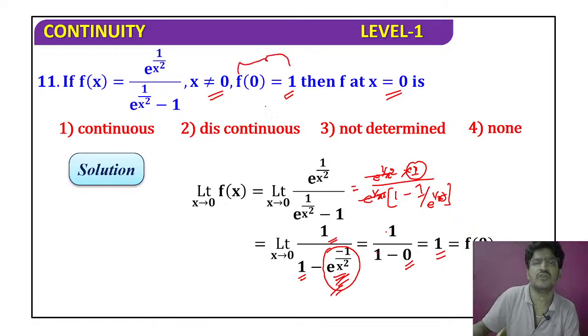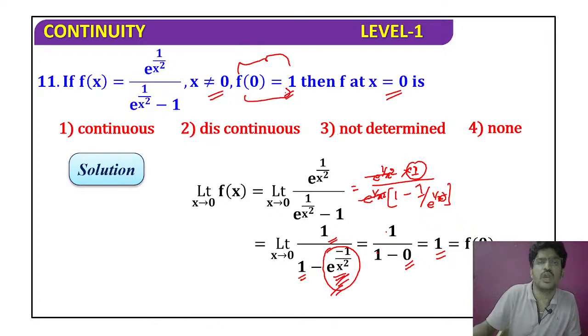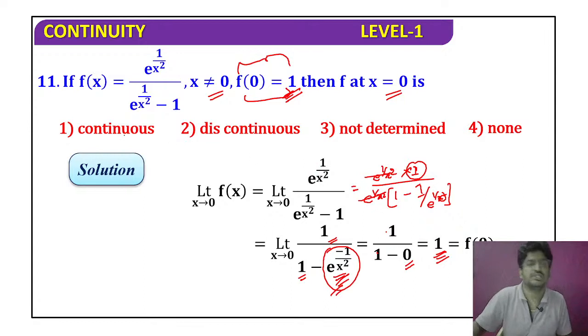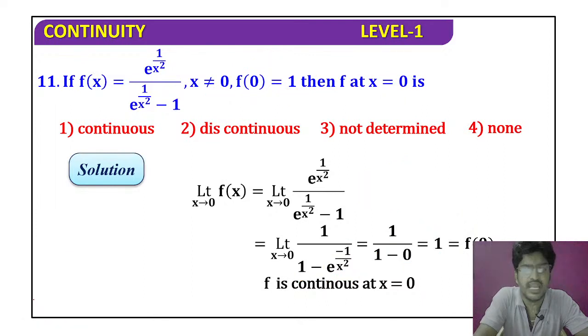F of 0 is 1. Clear? Therefore, our answer will be continuous at x equal to 0.